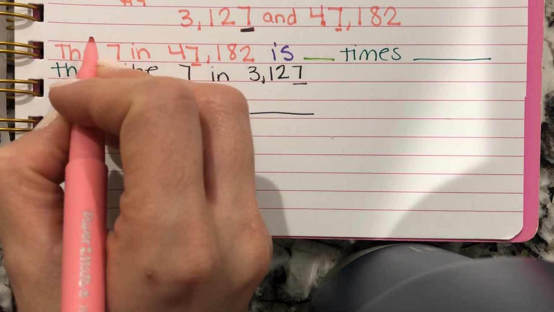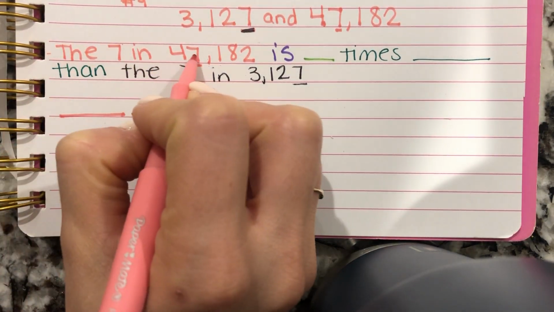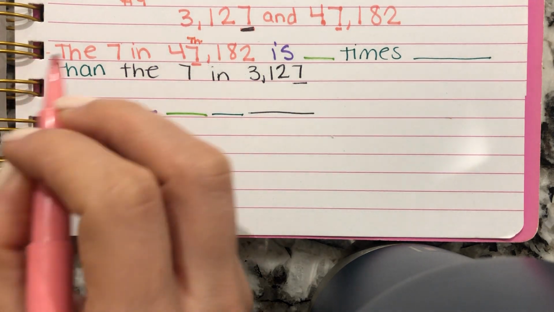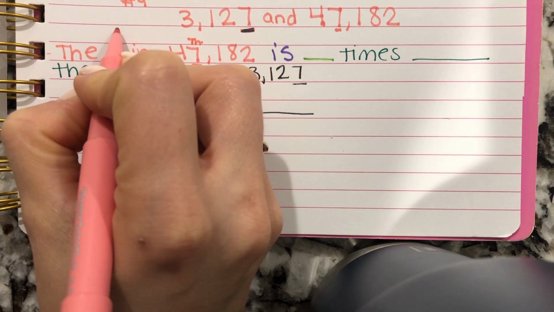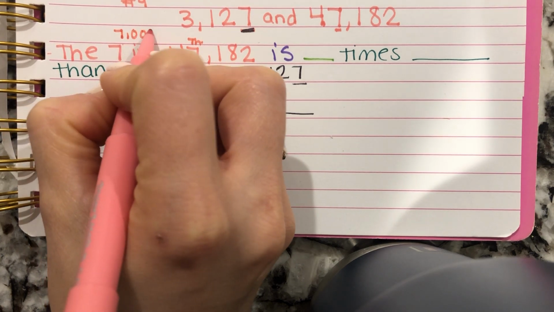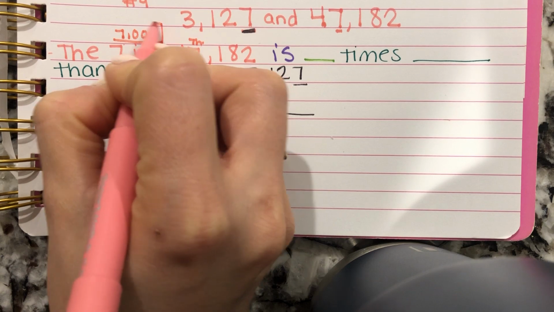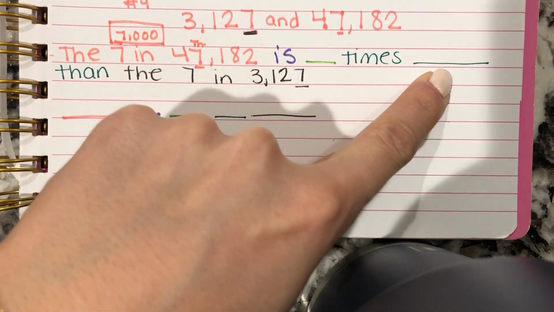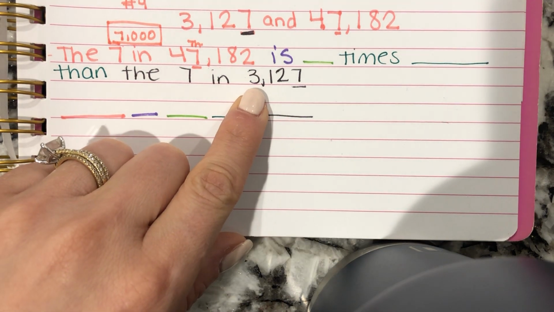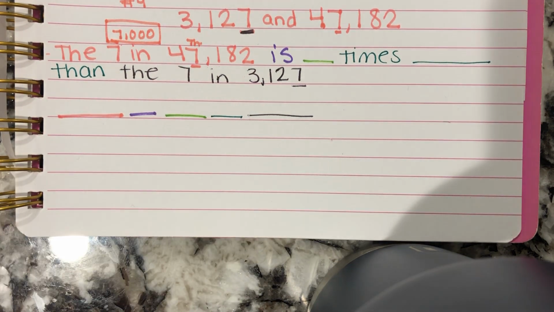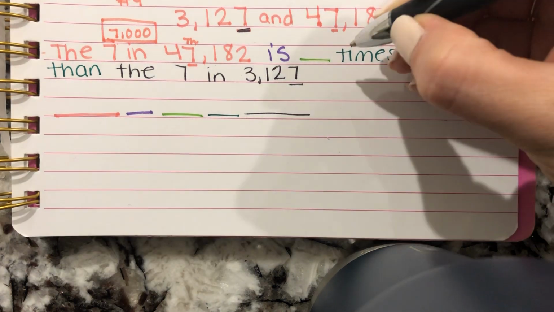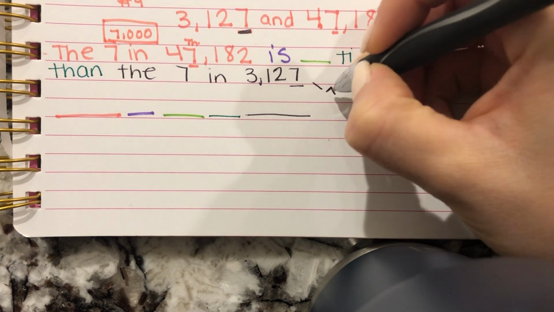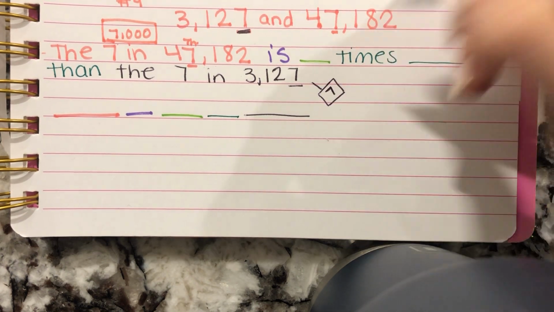All right, I'm going to go in and do my translating. The 7 in 47,182. Since that 7 is in the thousands place, its value is 7,000. All right, is sometimes greater than or less than the 7 in 3,127. All right, well, this 7 is in the ones place. So the value of that 7 is plain old 7.